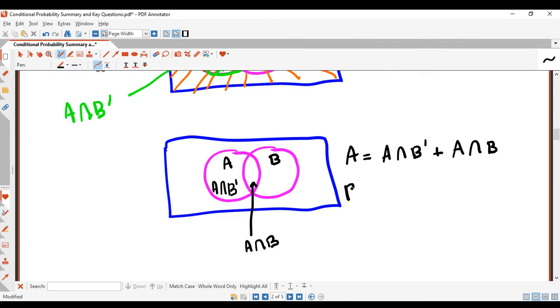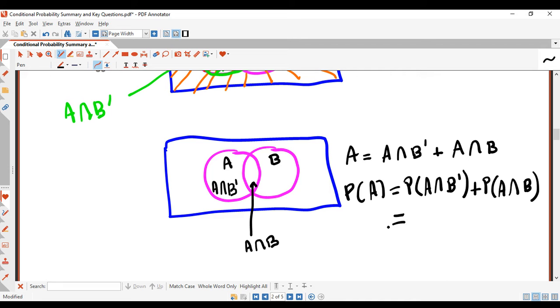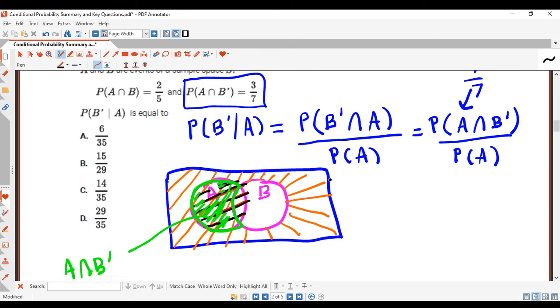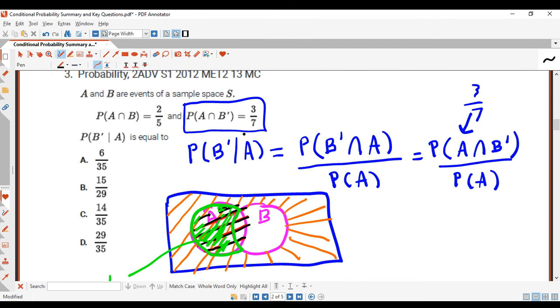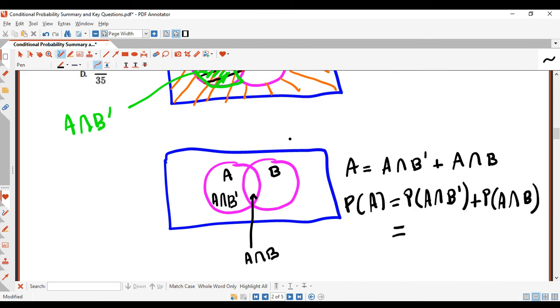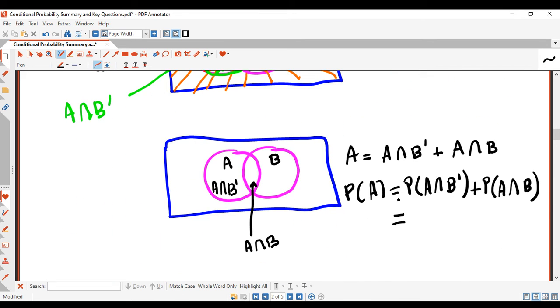So that means the probability of A is equal to the probability of A intersect not B plus the probability of A intersect B. Okay, so now we already know what A intersect not B is, because if we go back to our question here, A intersect not B is 3/7 and A intersect B is 2/5. So we've got 3/7 plus 2/5.